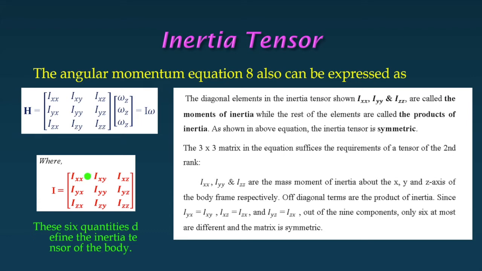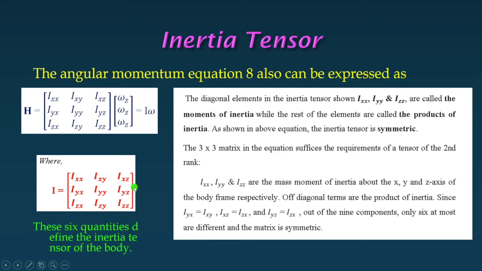Whereas in a vector, say omega, we need omega x, omega y, omega z. Three quantities means only one subscript, either x, y or z. So this is called a one order tensor. But this inertia tensor has two subscripts, so this is called a second order tensor.